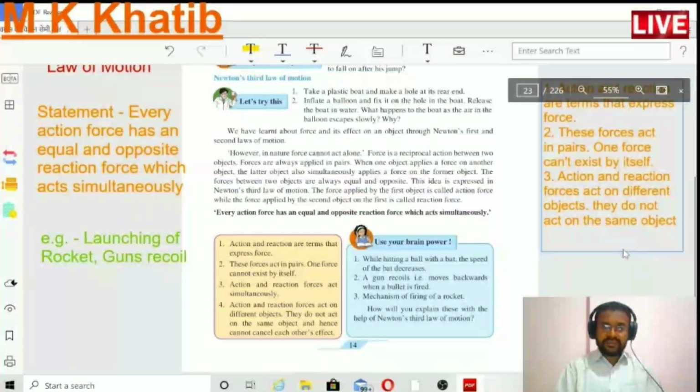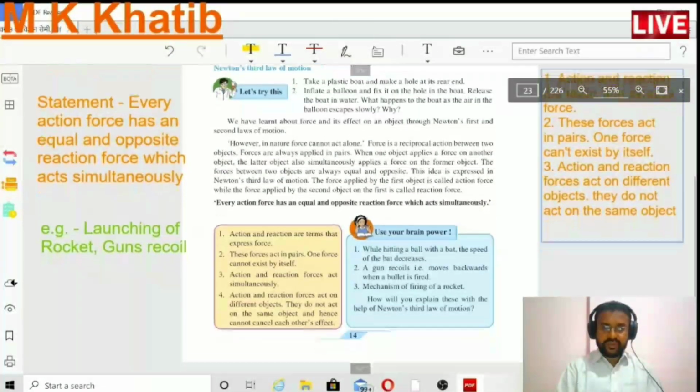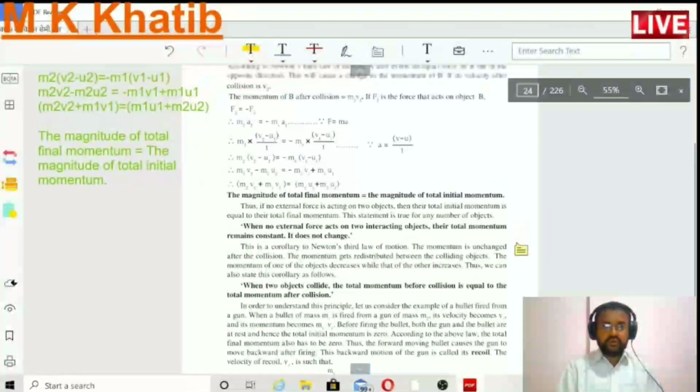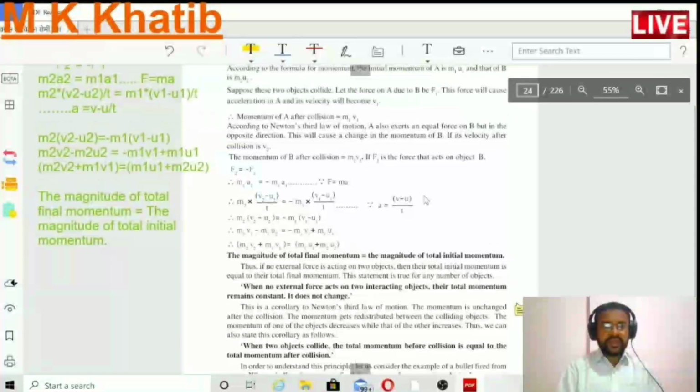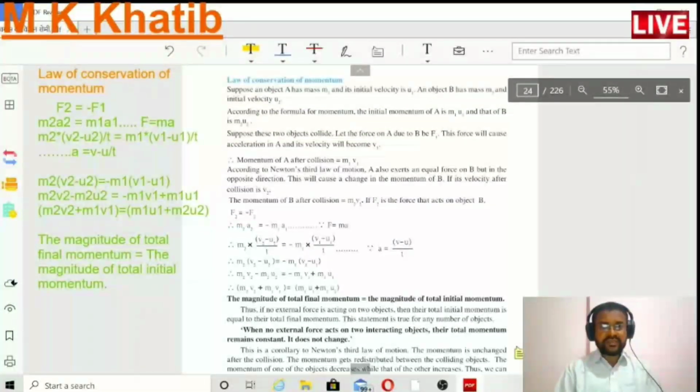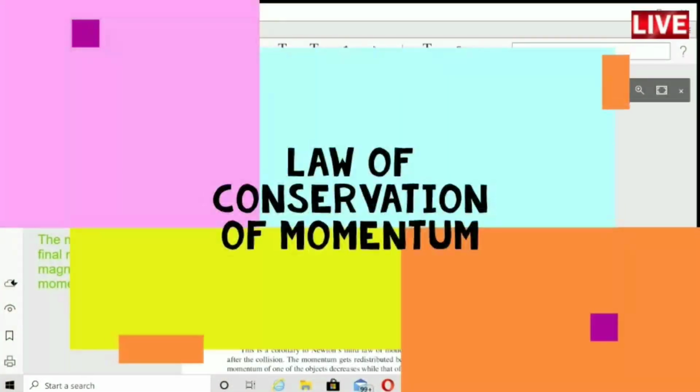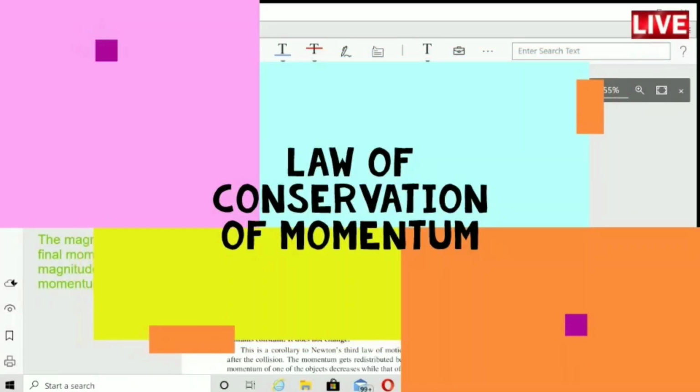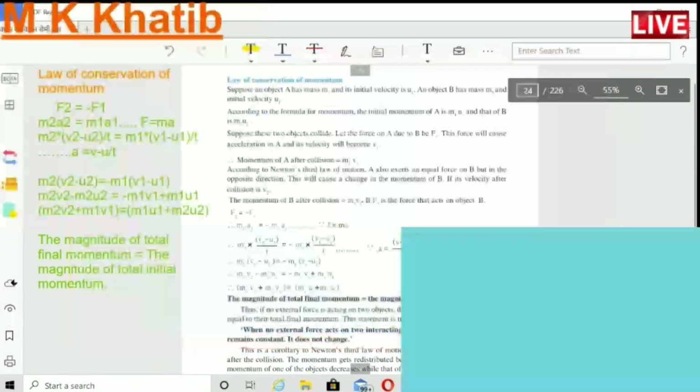After the statement of Newton's third law, we have to study a second concept, the law of conservation of momentum.